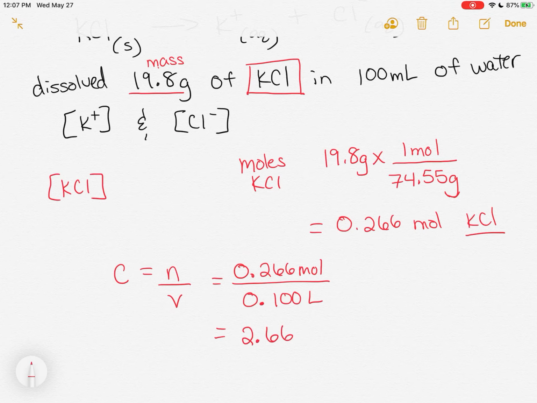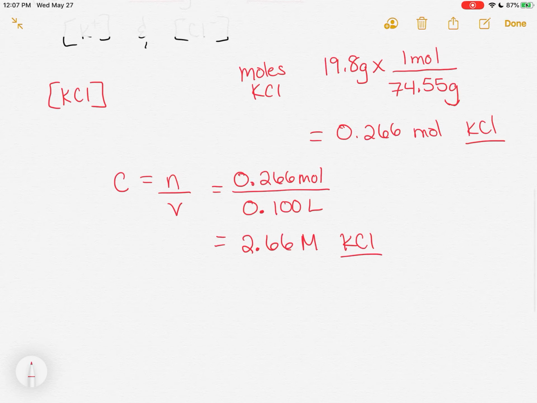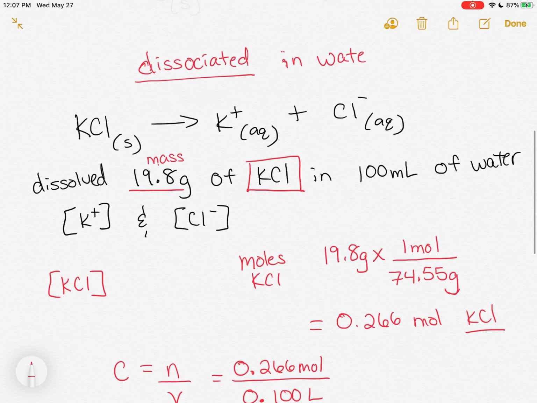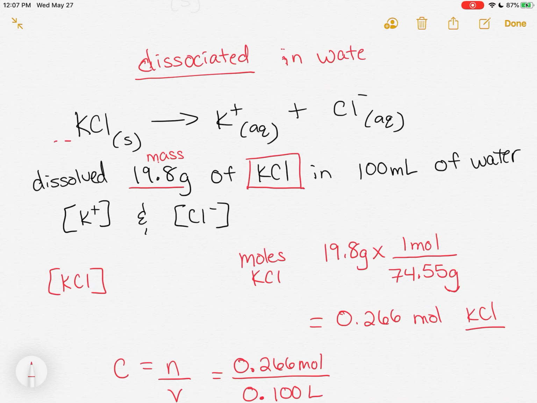That's going to give us a concentration of 2.66 moles per liter for potassium chloride. Now, where stoichiometry comes into effect is when we go back to our reaction and look at the ratio of potassium chloride to potassium ion to chloride ion, we'll notice that it's 1 to 1 to 1.